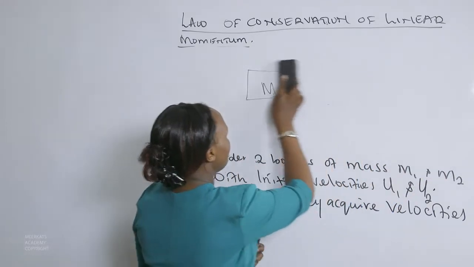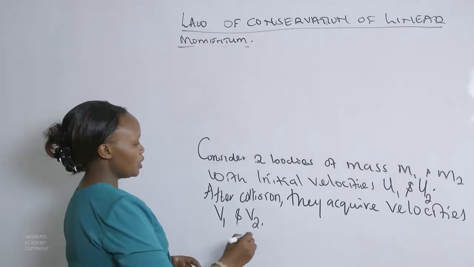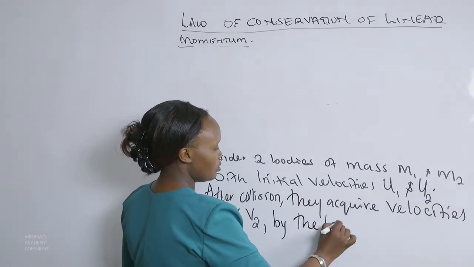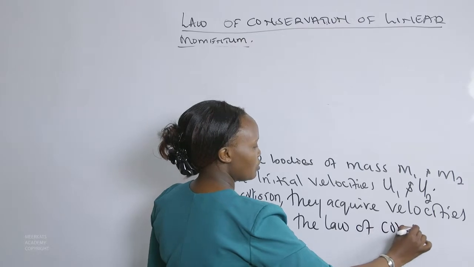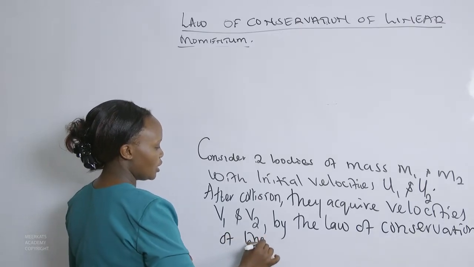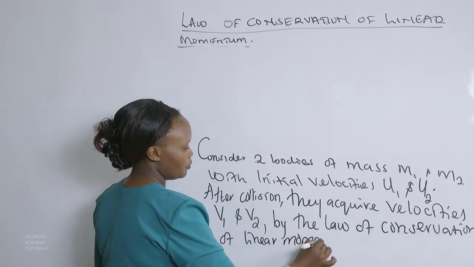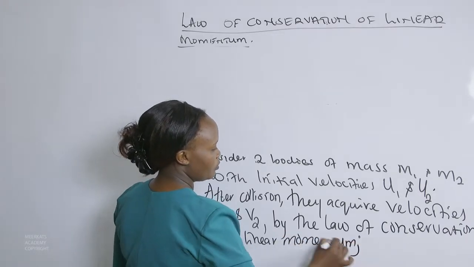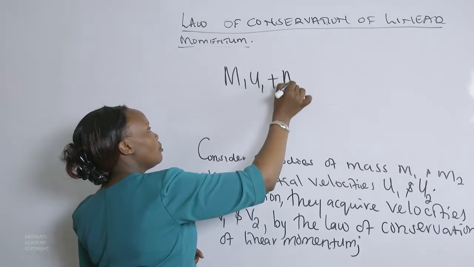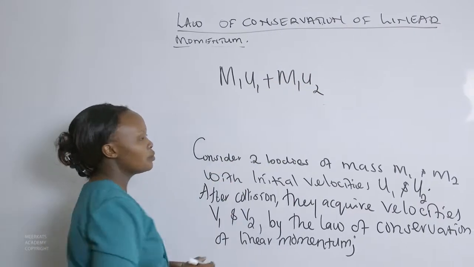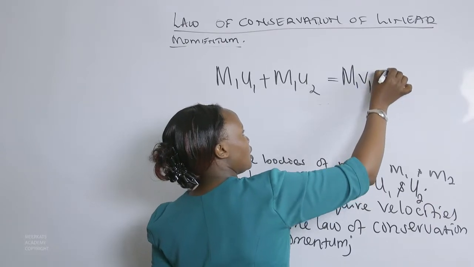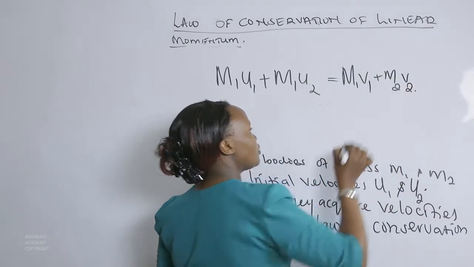Therefore, for this our case, we write that by the law of conservation of linear momentum, then m1 u1 plus m2 u2 will be equal to m1 v1 plus m2 v2.